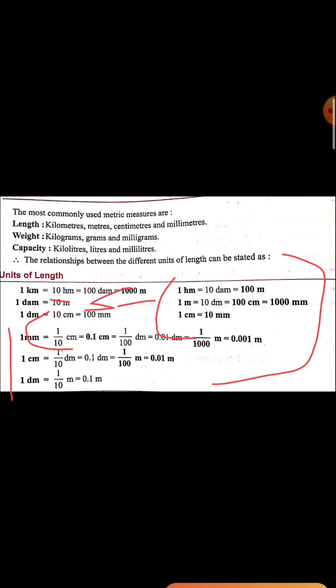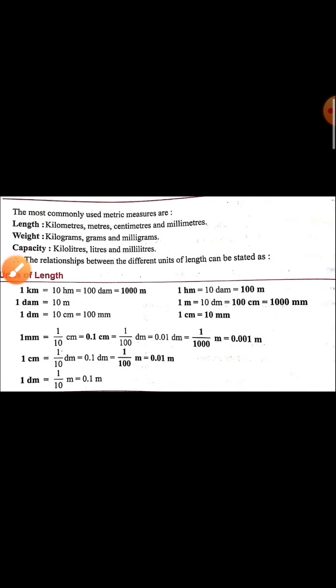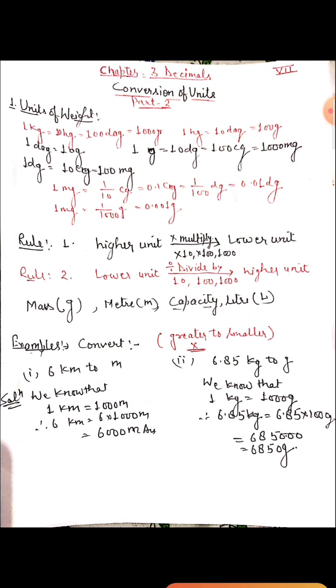Now next is units of weight. Today's topic is here, we write the units of weight. If you know the unit of length, you can also write the unit of weight and capacity, because a similarity relationship exists between the unit of mass and capacity.